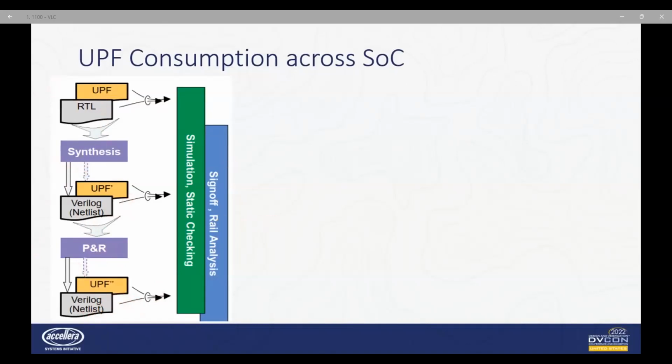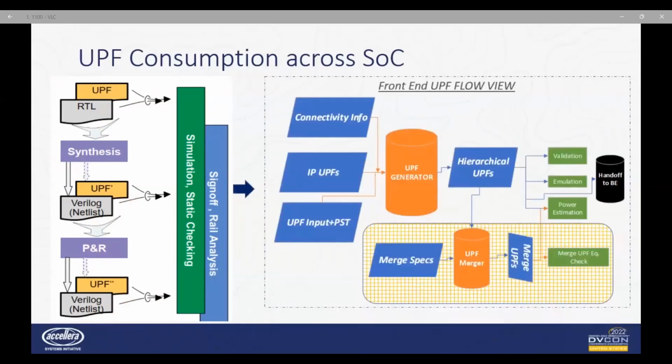Now, let's look over the front-end UPF generation process. So we generate connectivity information from the RTL, and we have IP UPF for those RTLs as well. And based on the power intent, power architect input, we have a PSG table.